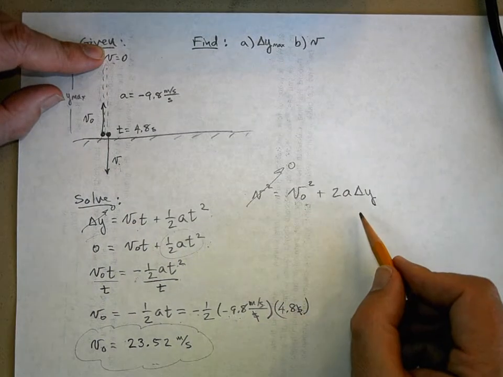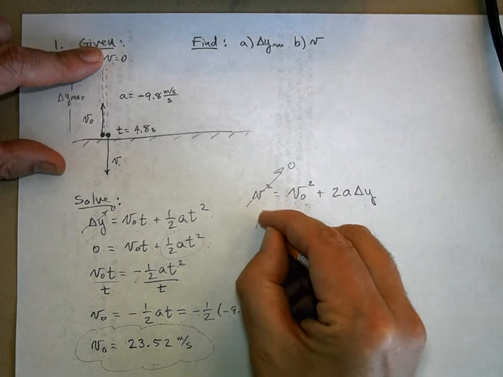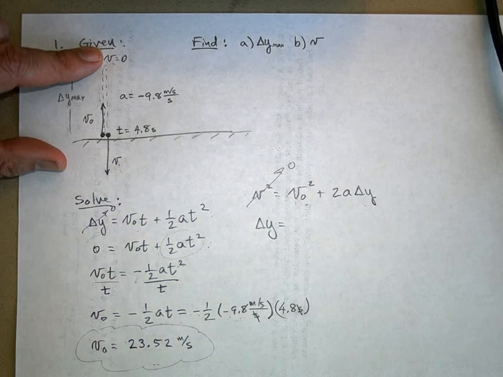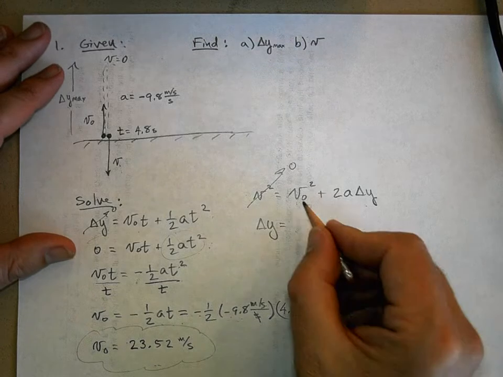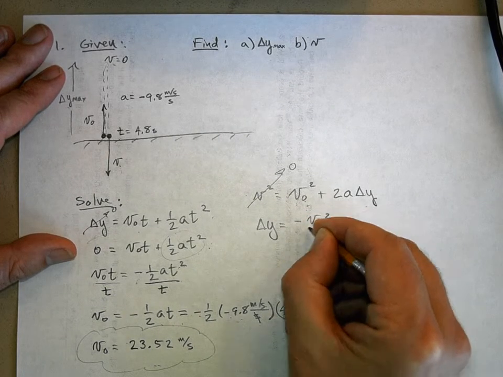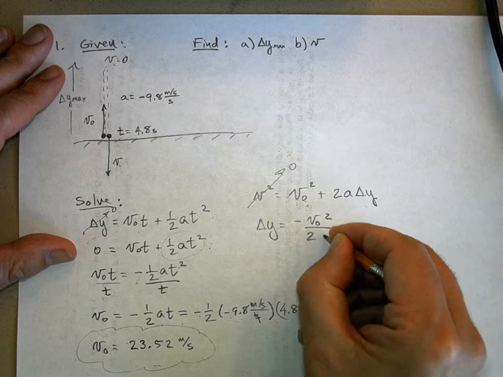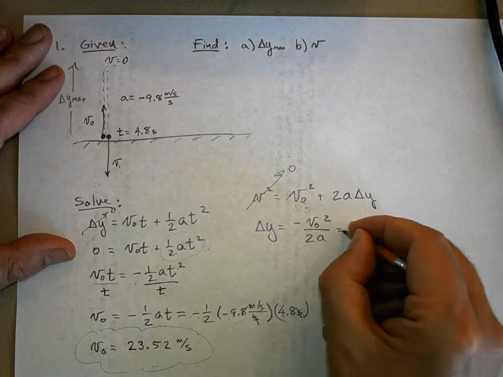So now I can solve for delta y. Now I'm going to do this in one algebraic step because I'm good at algebra. If you want to break it down, just do it in more steps. Subtract this to the other side. Divide by 2 times the acceleration. Now we can plug in our numbers.